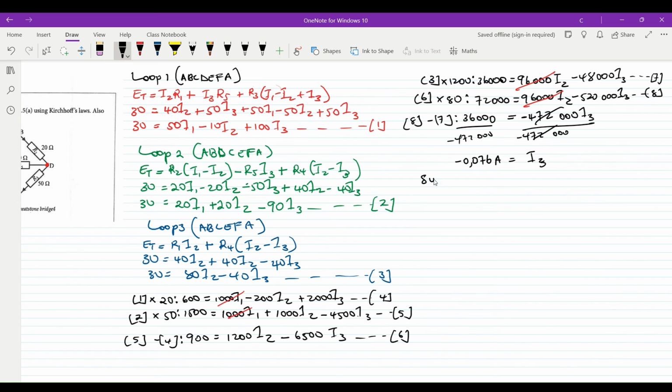Now we're going to substitute our I3 into any equation between 3 and 6. I'm going to choose equation 3 because it has lesser numbers. It's easier to work with. 30 is equal to 80 I2 minus 40 into negative 0.076.